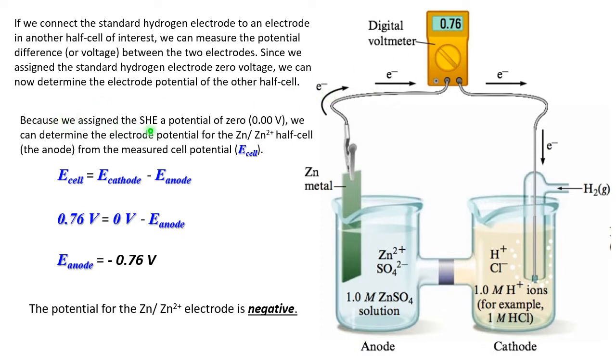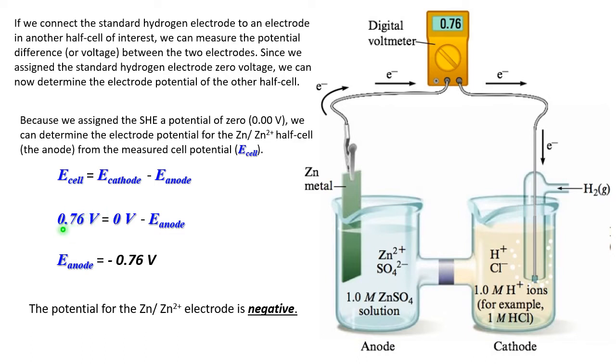Because we assigned SHE potential of 0, we calculate it in such a fashion. So potential or voltage of cell is potential of cathode minus potential of anode. Now, total voltage I can measure simply by good voltmeter.